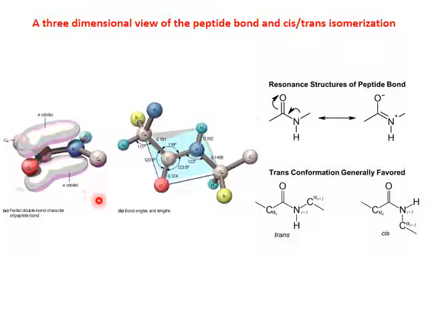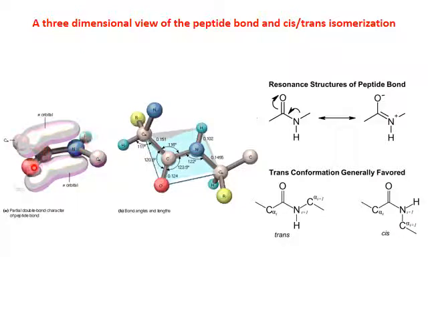Another implication of that is the bond lengths will vary a little bit as well, so you will have little differences in the bond lengths between this carbonyl carbon and nitrogen versus a non-resonance stabilized carbon-nitrogen bond.